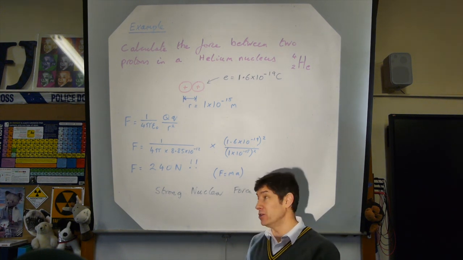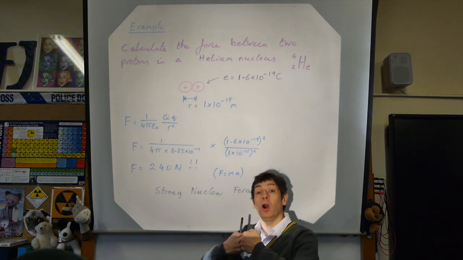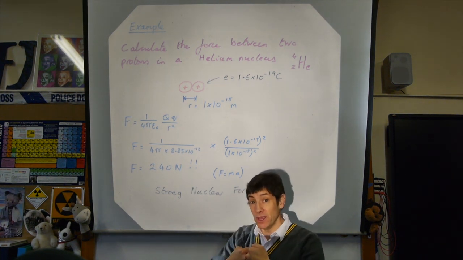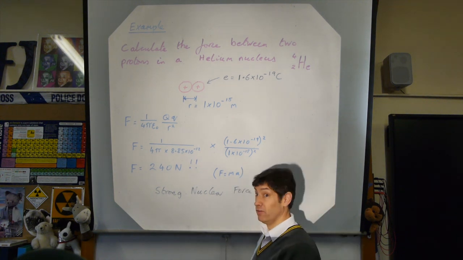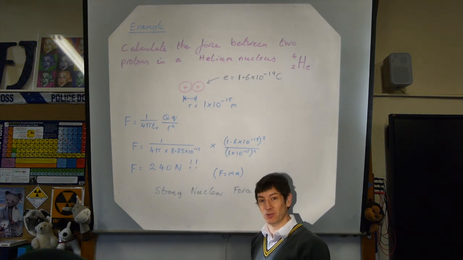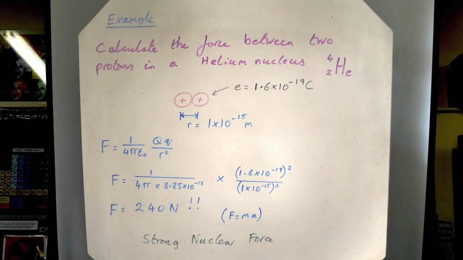So we've shown that the gravitational force is not what holds protons together in a nucleus against the Coulomb repulsion. So we need to invoke a new idea, the strong nuclear force.